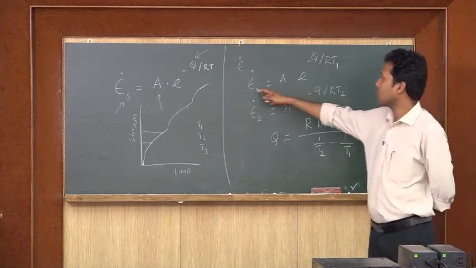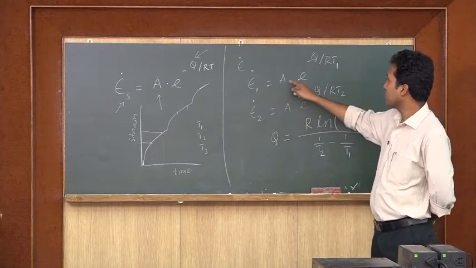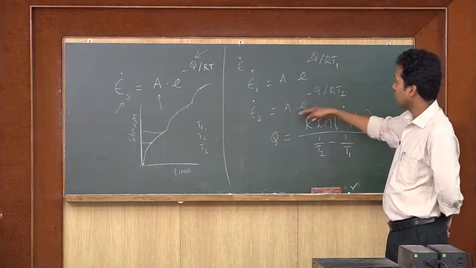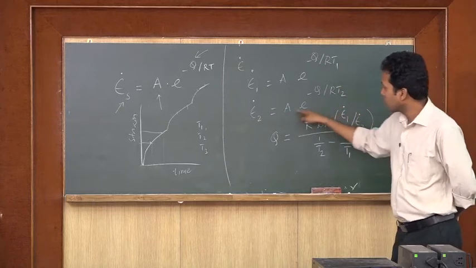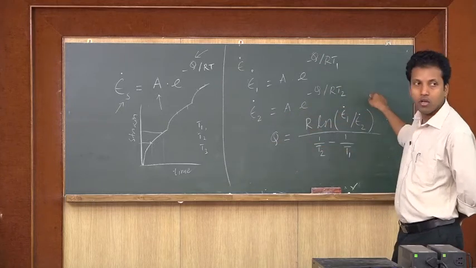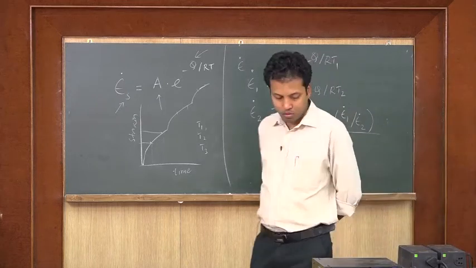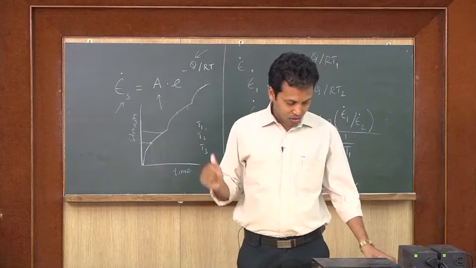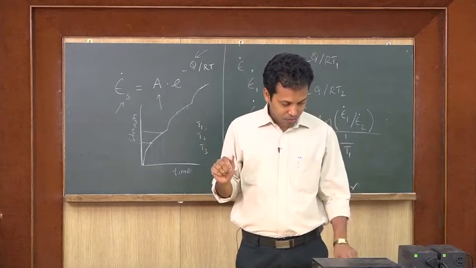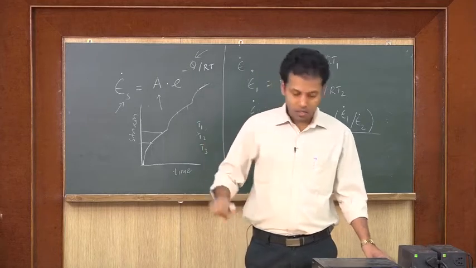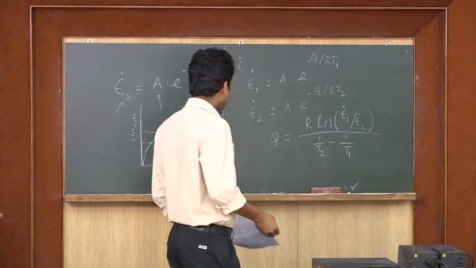If you take log on both sides, ln epsilon dot equals ln A minus Q by R T, and that equals this. So, this way if you take out Q, we have this equation to find the activation energy for creep. Can you follow this or not? This is very simple, I think you understand. Do you understand? Okay. So, if so, do a problem.